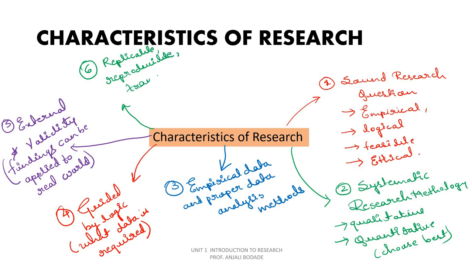Similarly, a good research is also reproducible, which means the researcher can get consistent results using the same data and analysis method. This increases overall validity and trustworthiness of the research. For a research to be replicable and reproducible, it must be transparent, which means it should be available to other researchers as well.